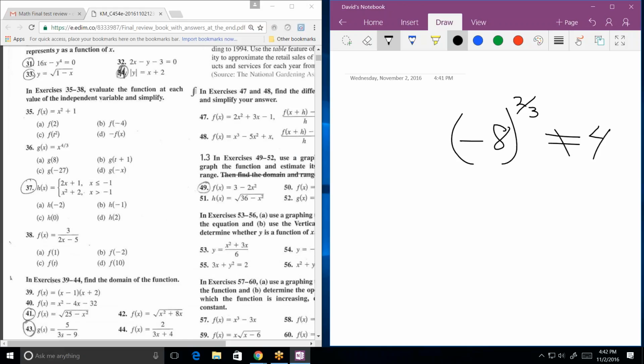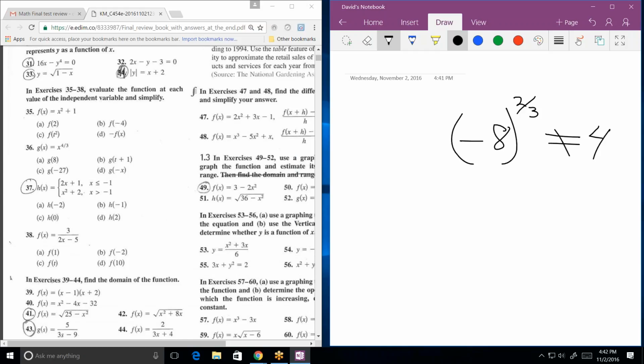But I guarantee, I've done this 100 times. If I bring up Wolfram, are you familiar with Wolfram Alpha? Yes, I am. Okay. If you put in -8 in parentheses to the 2/3 power, it will not give you 4. It gives you an imaginary number. And I looked it up, and there is a reason for it.